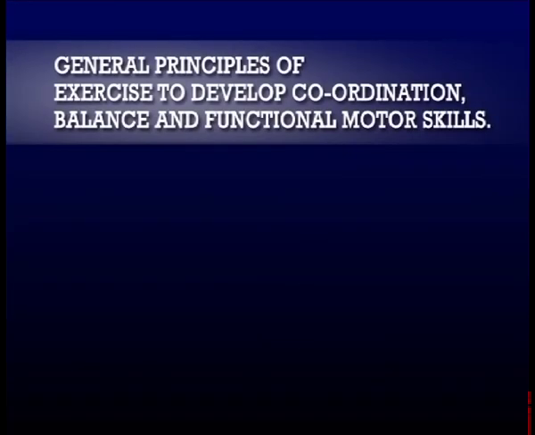Coordination, balance, and functional motor skills are all dependent upon and affected by the sensory system, particularly the somatosensory and proprioceptive systems. Here comes the general principles of exercise to develop coordination, balance, and functional motor skills.